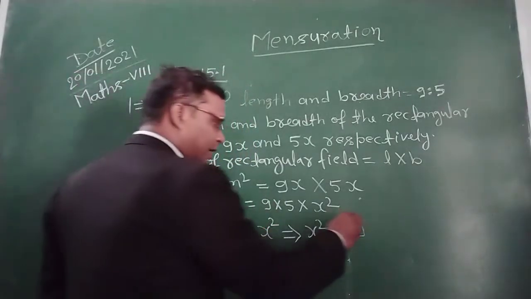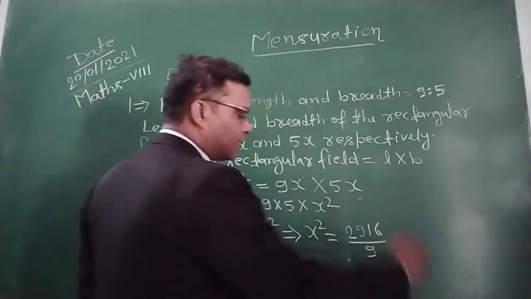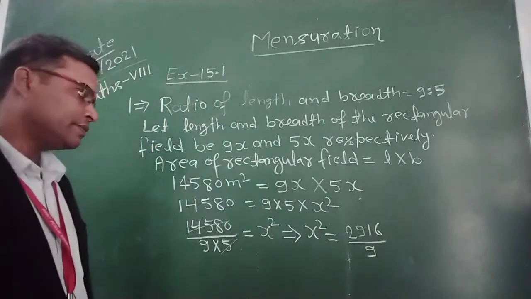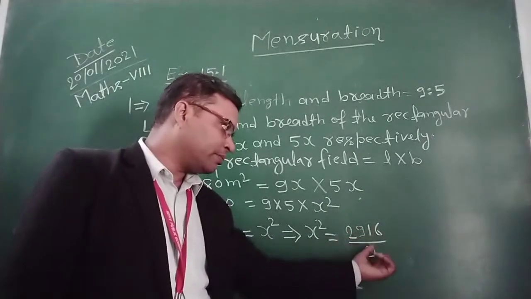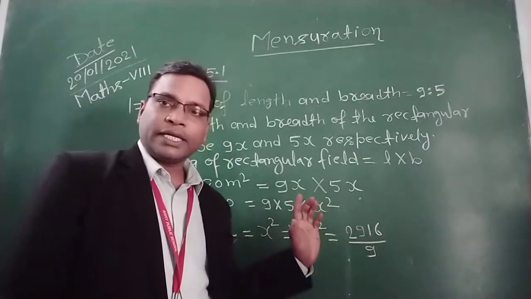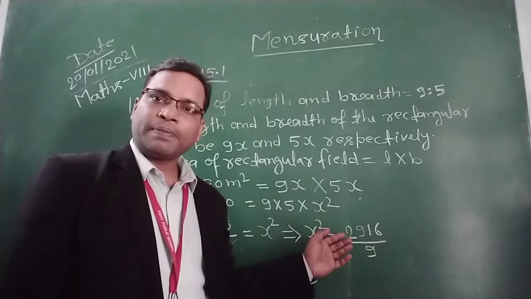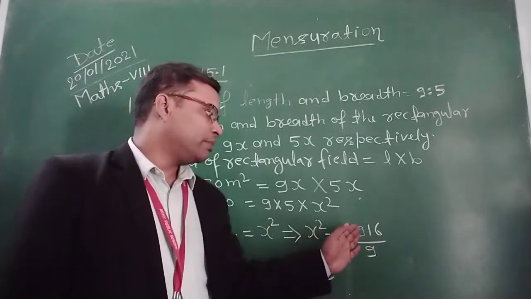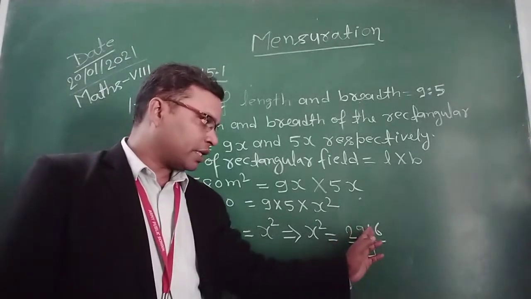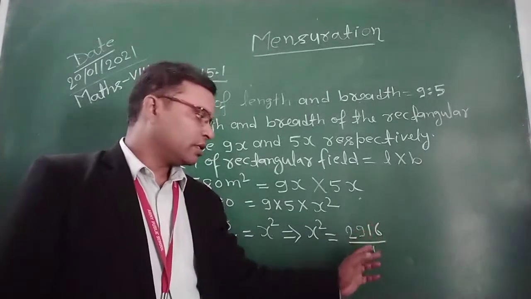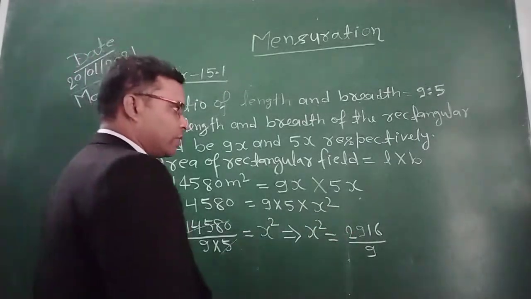So 5 1s are 5, 5 6s are 30, divided by 9. After this, you can see 2,916 divided by 9. Is this number divisible by 9 or not? How do we check it? If the sum of the digits of the number is divisible by 9, then you can say the given number is also divisible by 9. Here the number is 2916, and the sum of its digits is 18. So 18 is a multiple of 9, which means the number is divisible by 9.